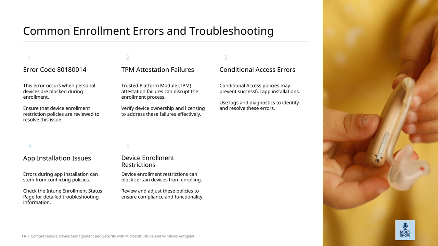Finally, there's the specific error code 80180014, which occurs when personal devices are blocked during enrollment. The key here is to review the device enrollment restriction policies to make sure personal devices are permitted if they need to be. By understanding these common issues and knowing where to check, we can troubleshoot effectively and keep our device enrollment smooth and secure.